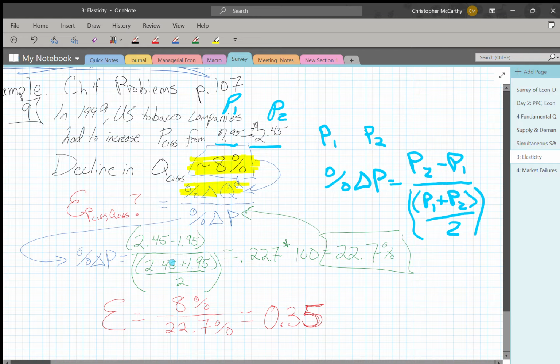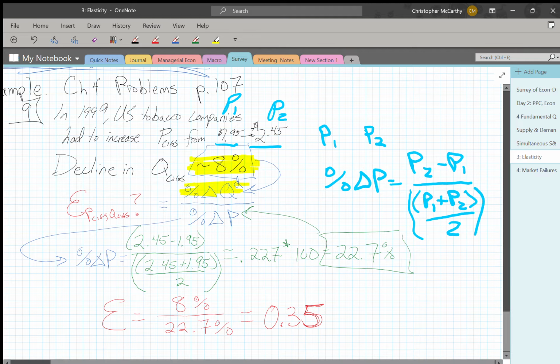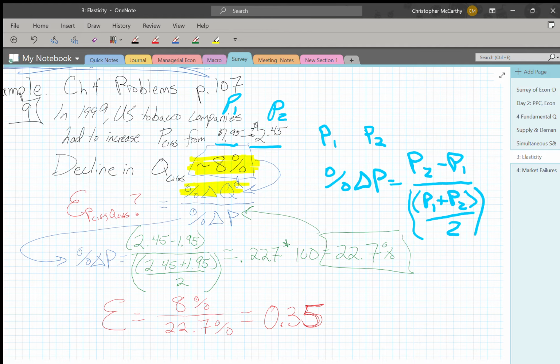They are switched over here in the bottom, but that's totally legit. As long as you have enough parentheses, you end up with the right answer, which is 0.227. You multiply it by 100 to get a percentage, and you end up with 22.7%. The percentage change in price is 22.7%, which makes sense because 20% of $2 is about 40 cents, and it increased by about 50 cents, right?